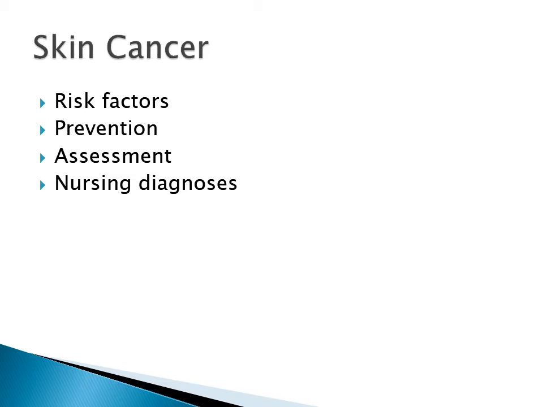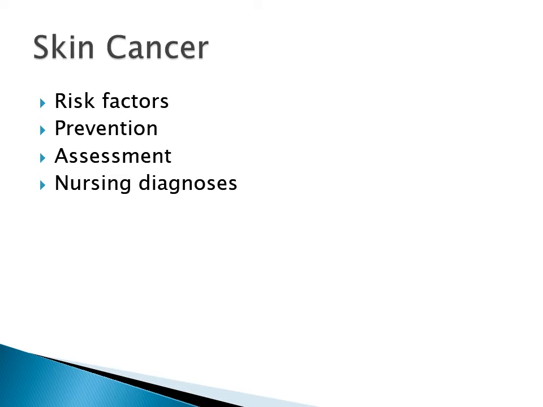As far as prevention and assessment, you want to encourage individuals to perform self-assessment of their skin on a regular basis, usually on a monthly basis, and you're taking a look at those A, B, C, D, E's.